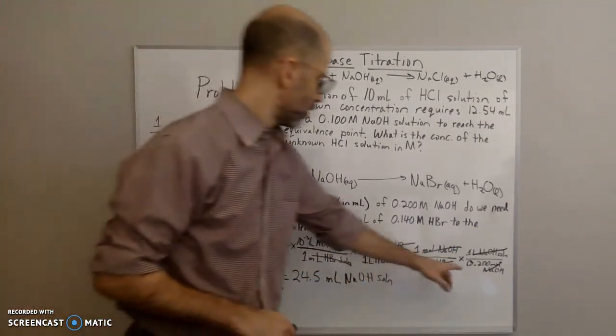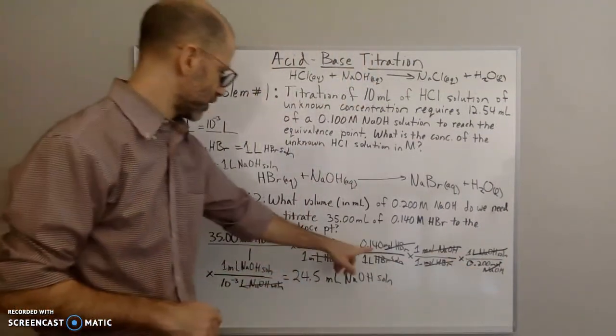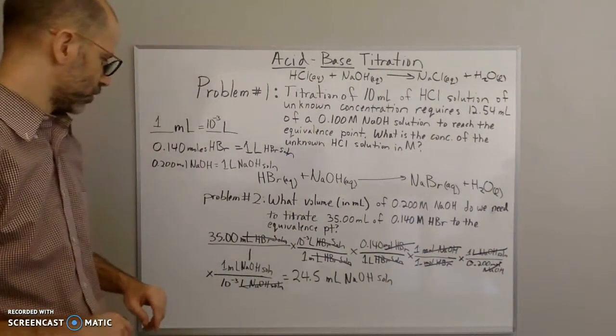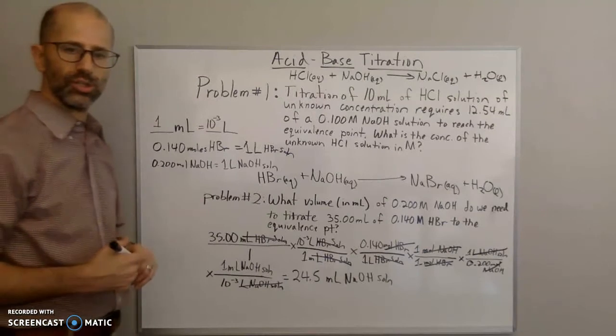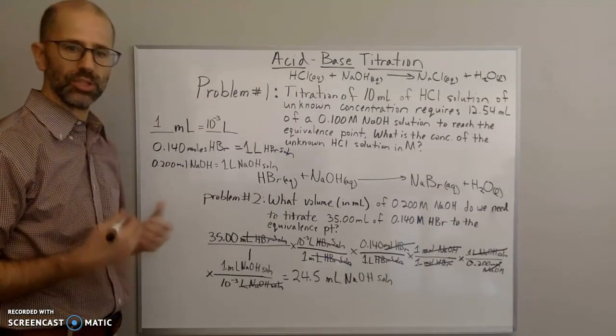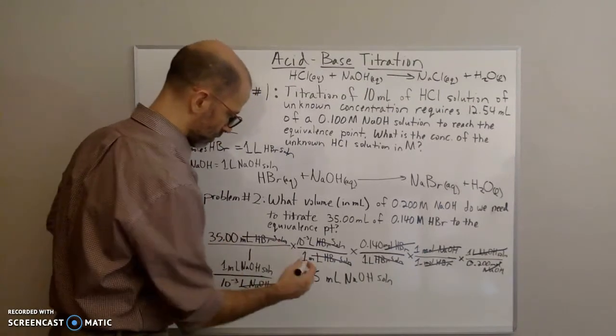So I have 3 sig figs here, 0.200, 3 sig figs here, 0.140, and I have 4 sig figs here. So my answer should be in the least number of sig figs, which is 3. So I have 3 sig figs, so this is my answer.